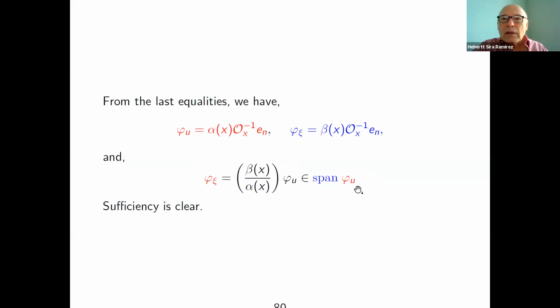It might be longer than phi sub u, smaller than phi sub u, or even pointing in the opposite direction, but they are in the same span. Therefore, this is a structural property. And if this condition is satisfied, of course, we're in the case of having the same relative degree of both inputs. Therefore, sufficiency is clear.